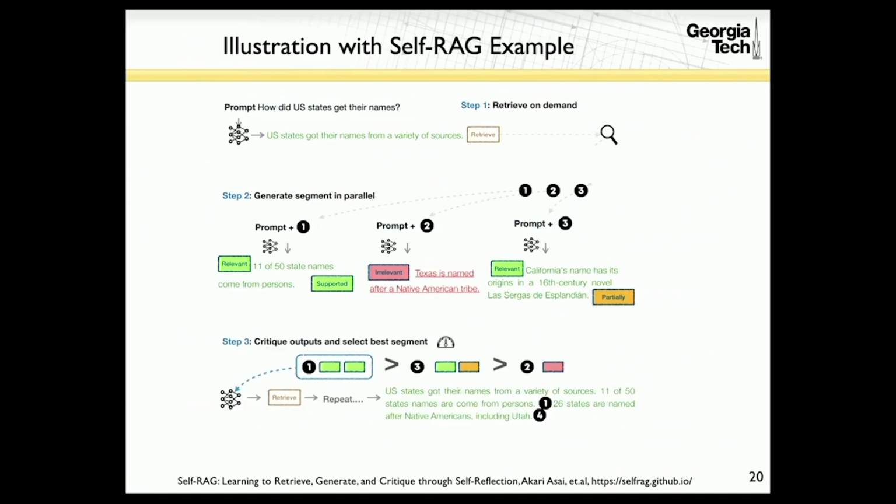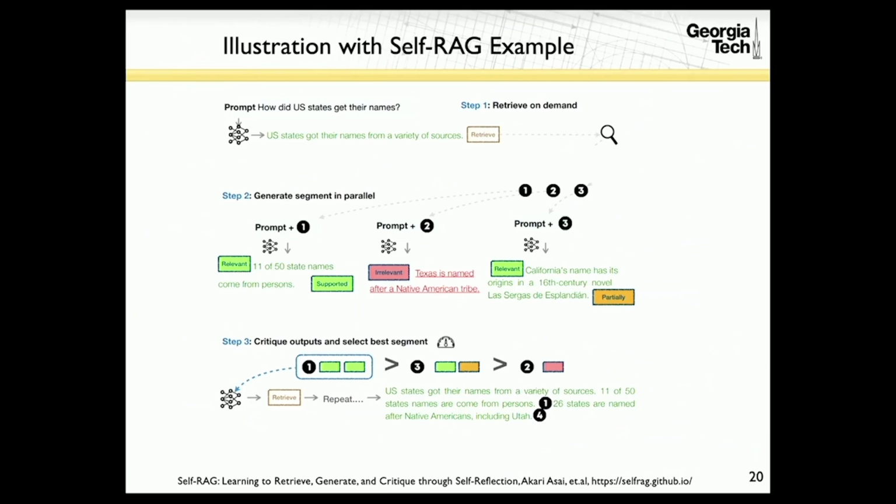And then you continuously generate the output. Then you critique the output again and select the best segment as your final answer.